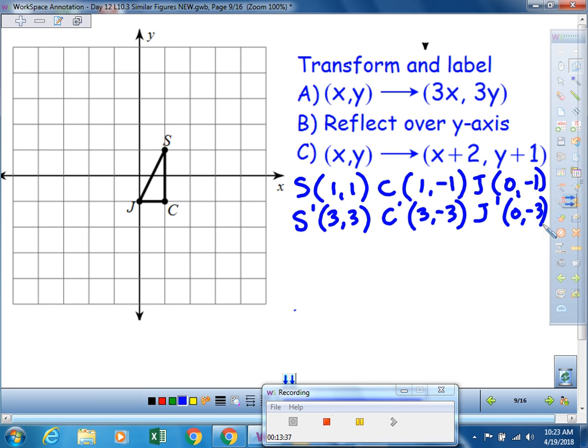So now let's plot that. 3, 3. 1, 2, 3, 1, 2, 3. There's S prime. C, 3, negative 3. C prime. And then 0, negative 3. J prime. Connect the points.